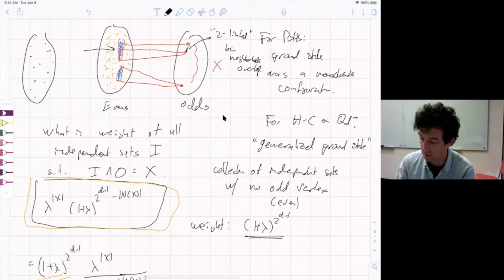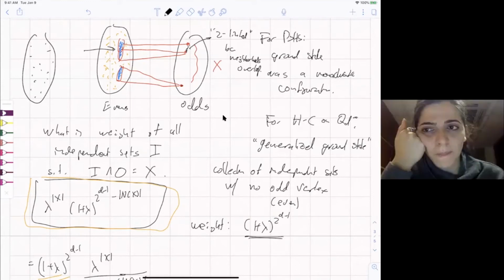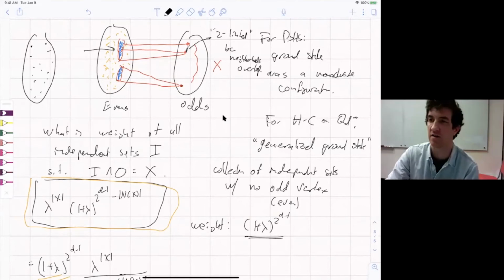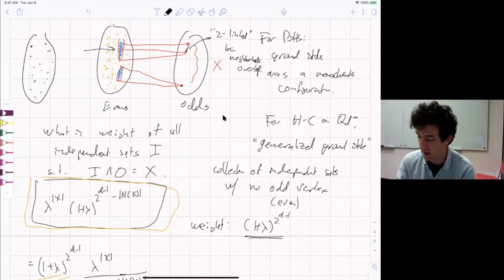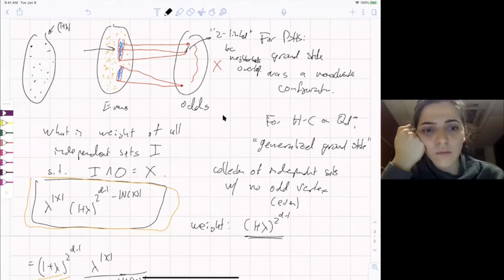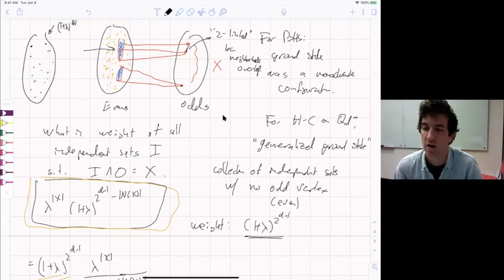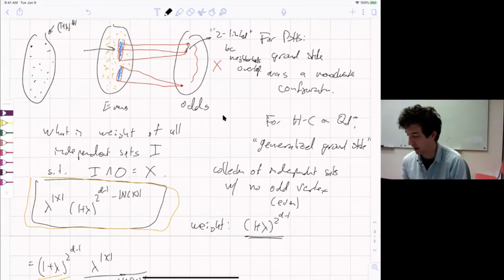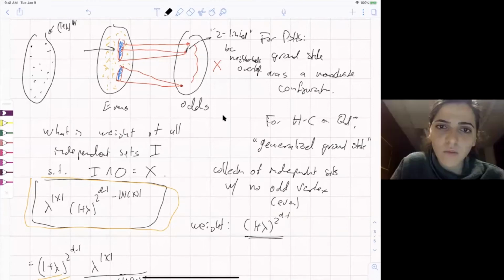Well, it's just the product of each of their own partition functions, and they can either be in or out. If they're out, they get a factor 1. If they're in, they get a factor lambda. And so the partition function of a bunch of isolated vertices is (1 plus lambda) to the number of vertices. And there are 2^(d-1) even vertices. And so this is what I mean by the ground state already contributing this factor. Okay, I got it. Thanks.